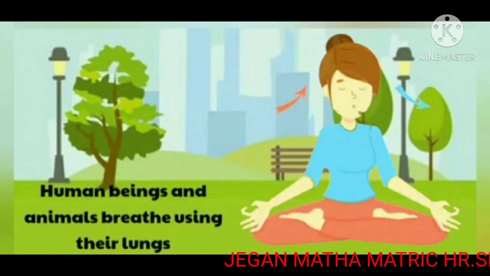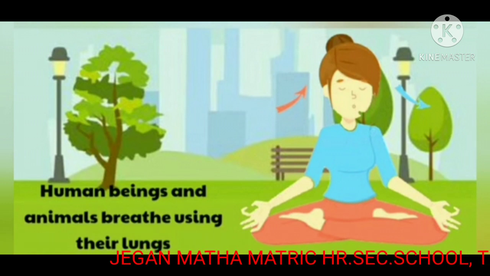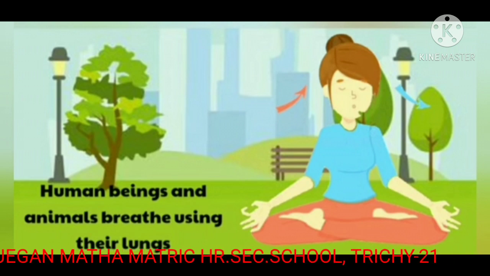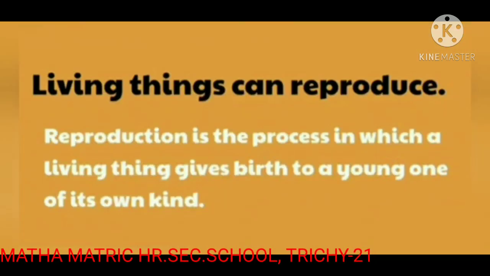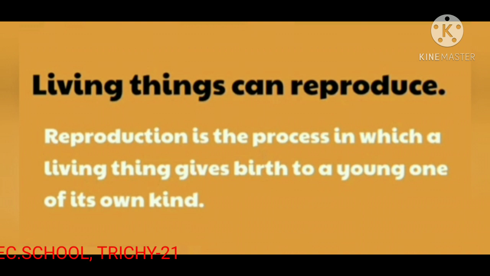Human beings and animals breathe using their lungs. Living things can reproduce. Reproduction is the process in which a living thing gives birth to a young one of its own kind.